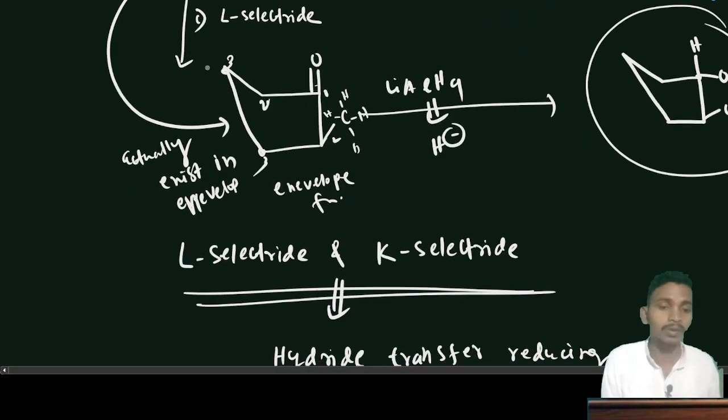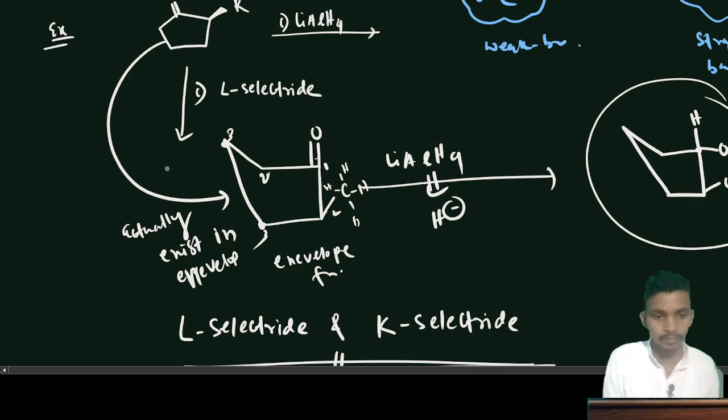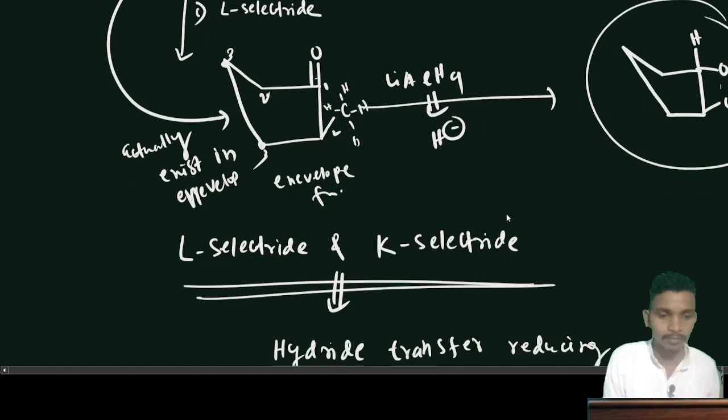Now we are going to give L-selectride, because this L-selectride is a bulky group. So what will it do? Now I have converted into this form.